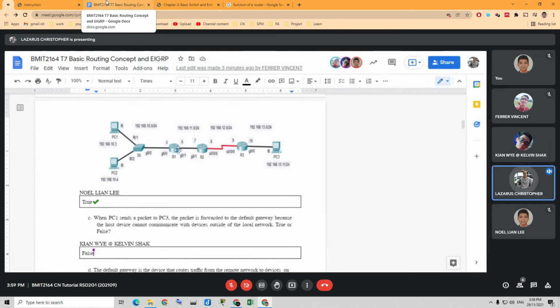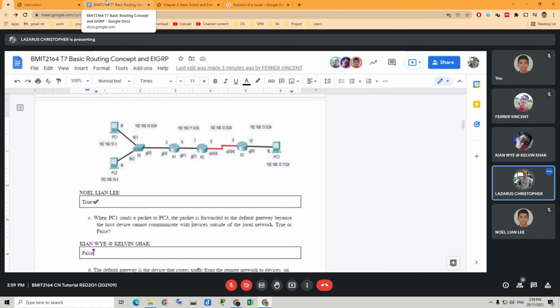Yes, without the gateway, PC1 and PC3 cannot communicate because PC3 belongs to a different network. That's what it means. Okay, if we don't send to the gateway, can PC1 communicate with PC3? Cannot, right.